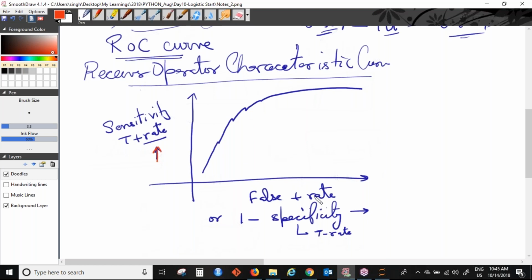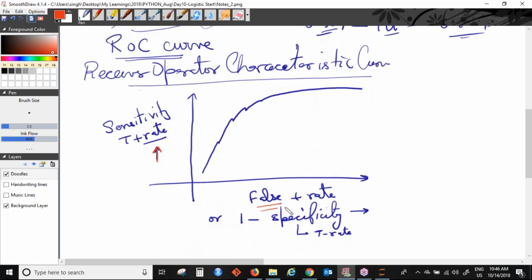And what is this? Is this good or is this bad? False positive rate. Yes, this is bad.